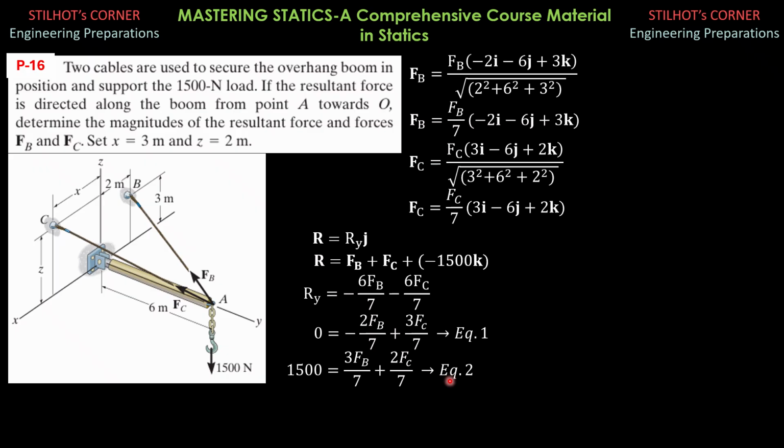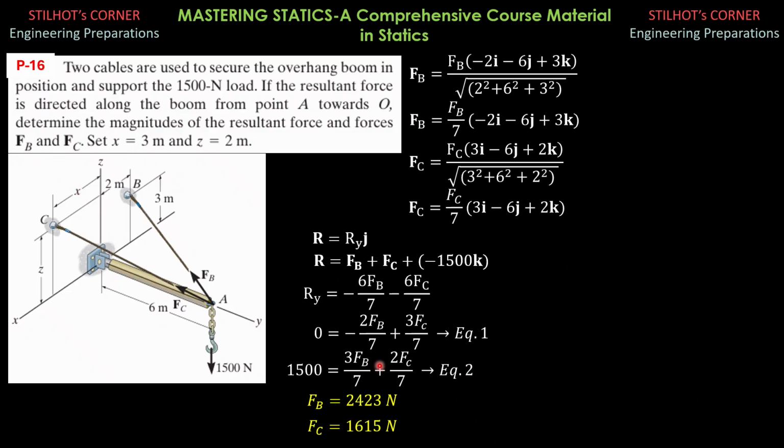When we transpose minus 1,500 to the left side of the equation, this will be the resulting equation. Solving equations 1 and 2 simultaneously, we get FB equals 2423 newtons and FC equals 1615 newtons. So those are the magnitudes of FB and FC.